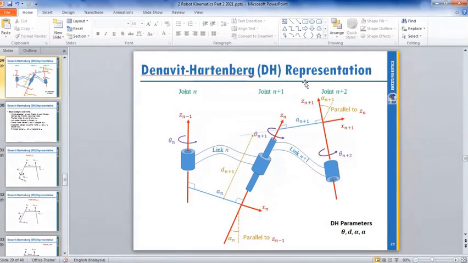But using the DH method, the calculation has been simplified. You already combine all 4 matrices into a single 4x4 matrix. So you put that matrix inside your controller, and your robot will calculate only 1 matrix.